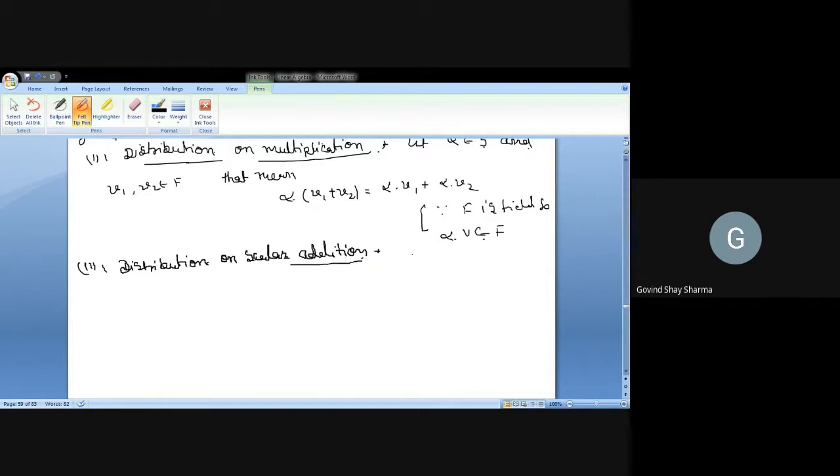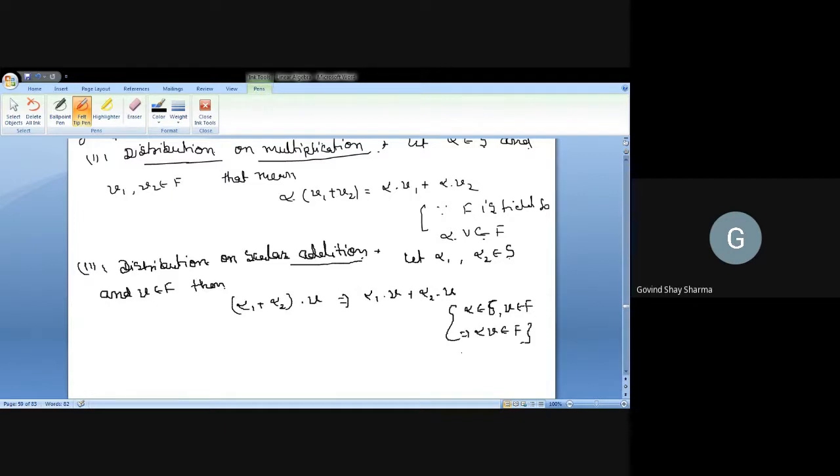Let alpha 1, alpha 2 belong to S and V belongs to F. Then alpha 1 plus alpha 2 dot V implies alpha 1 dot V plus alpha 2 dot V, because here we can see that alpha belongs to S, V belongs to F, so alpha V also belongs to F, because F is a field. So we can write this term like this.